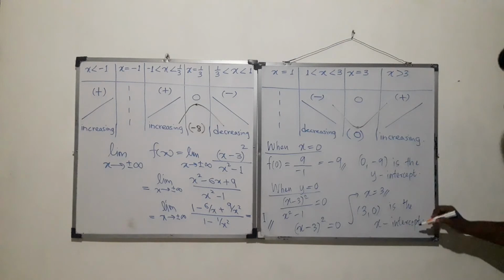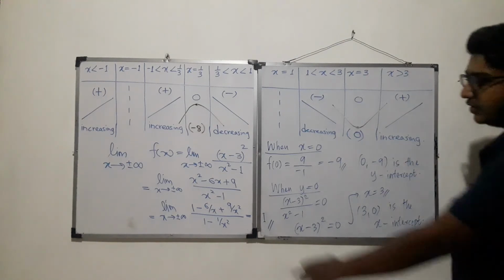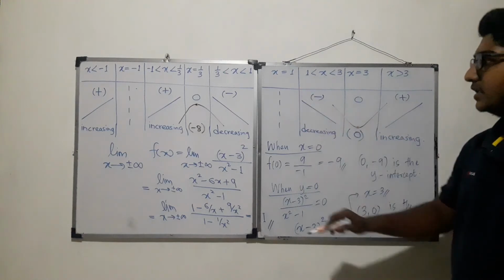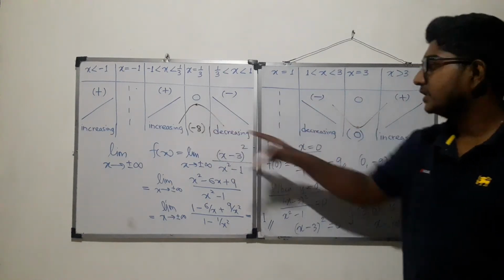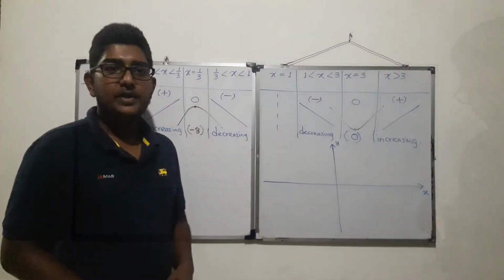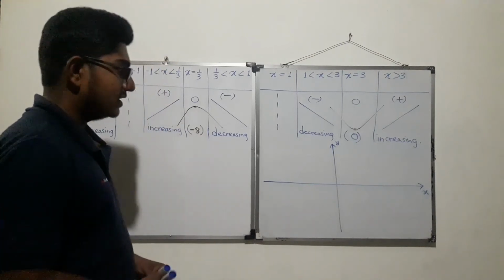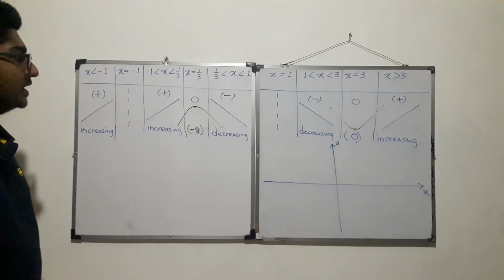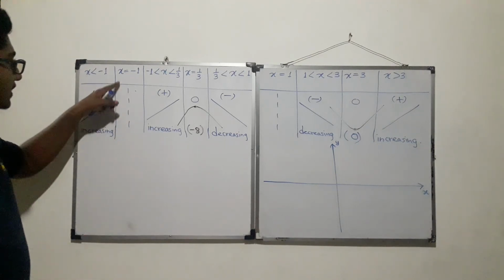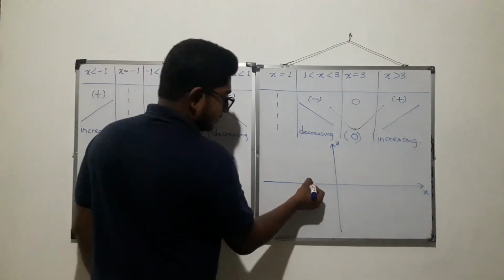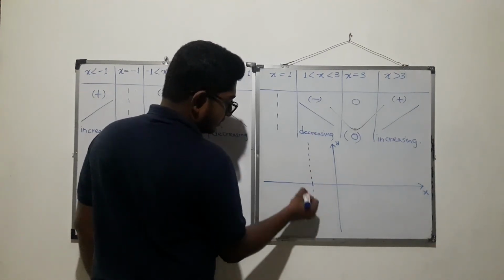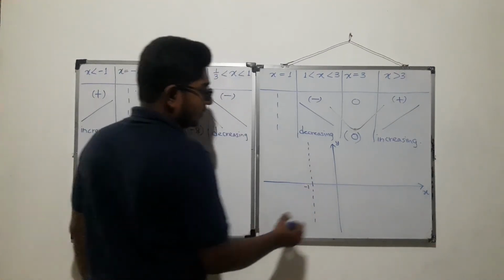Now we have two intercepts, horizontal asymptote, vertical asymptotes, and coordinates of the turning points. Now we can draw the differentiation graph. First, you have to mark the two vertical asymptotes. They are x equals minus 1, somewhere here, then x equals plus 1.